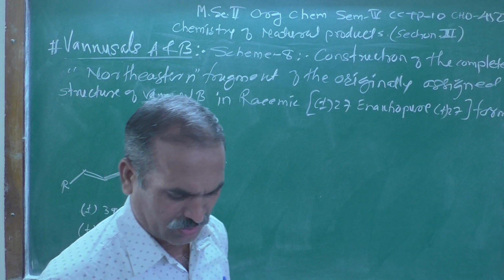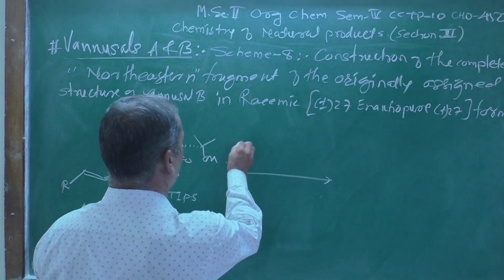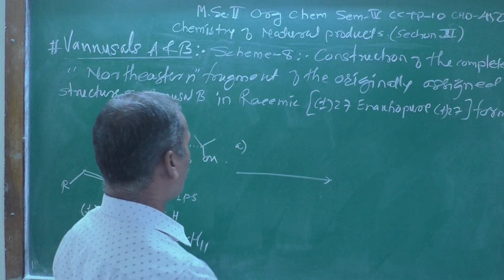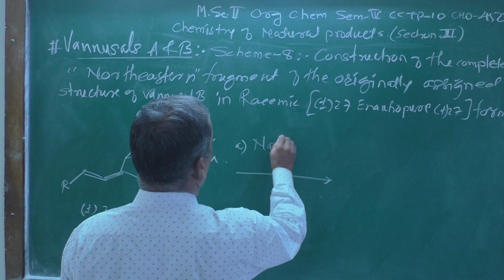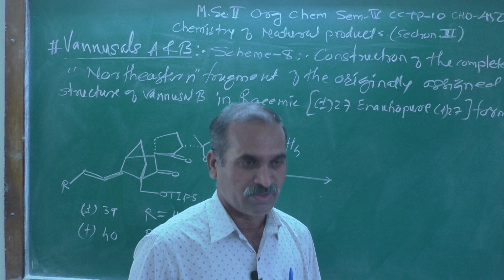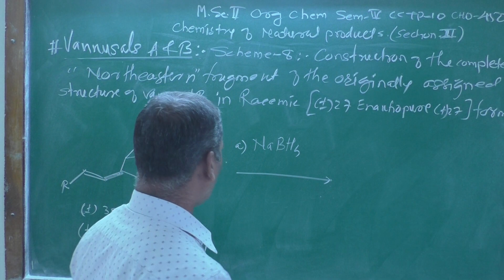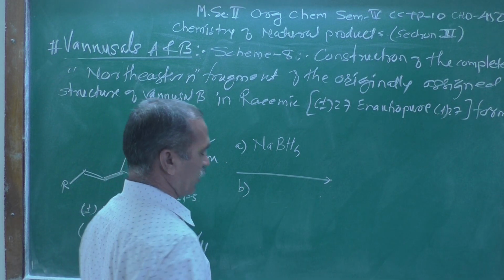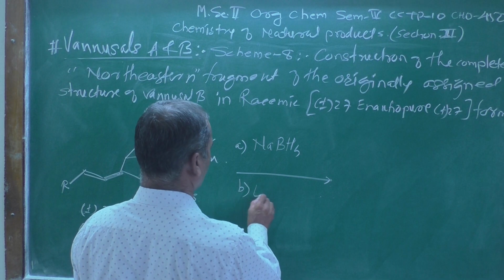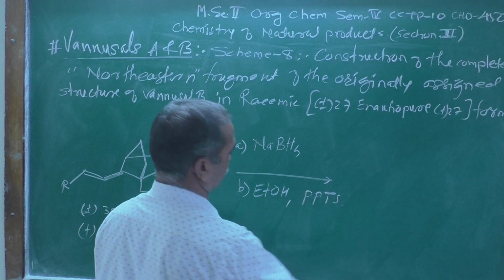Now, this molecule is further treated with reagents. The reagents I am using here are, first, sodium borohydride, NaBH4, which is the reducing reagent that can reduce the carbonyl group to an alcohol, followed by reagent B, which is ethanol, EtOH, and PPTS.